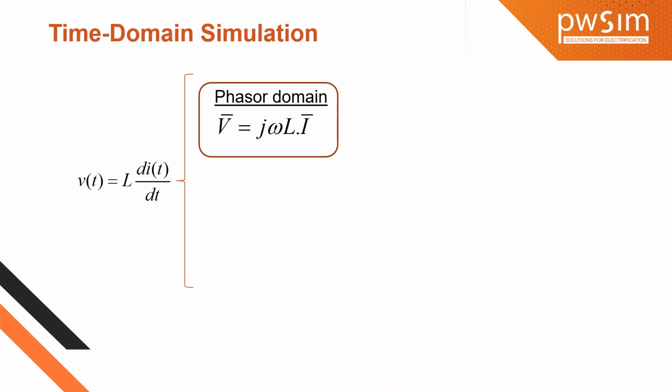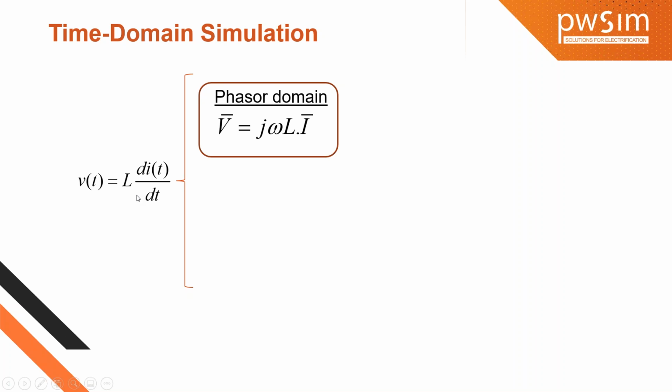To calculate the solution for time domain simulations, we go with two types based upon the mathematical model analysis we are using. Here you can see the example: voltage is equal to L into di by dt. I'm writing the equation for the voltage of the inductor.